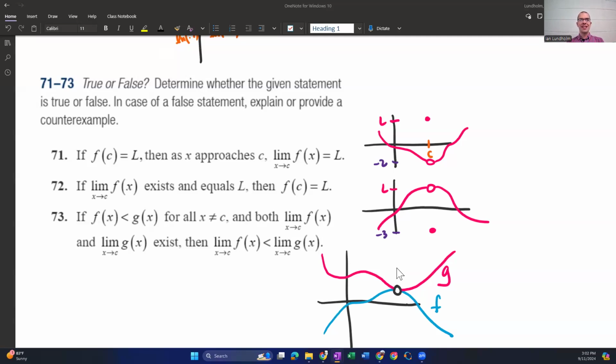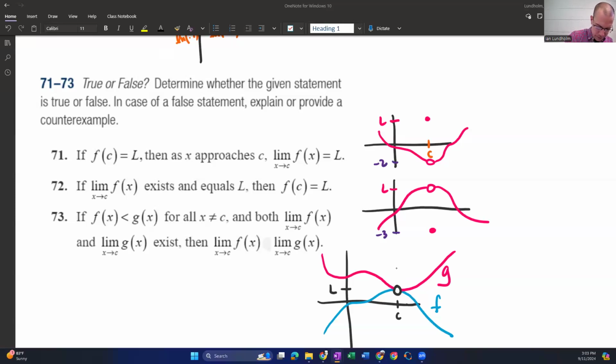And the idea here is that even though it's true that G is always bigger than F for all of their inputs, except for this one input of c, I can draw it so that the left-hand limit and the right-hand limit on G go to the same y value here. And it could be true that these two limits, my white pen is huge.